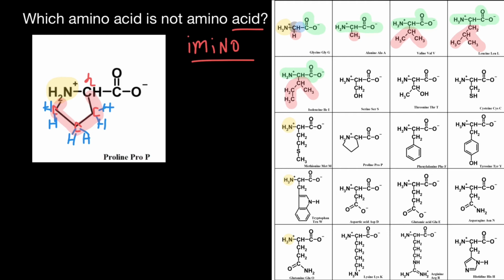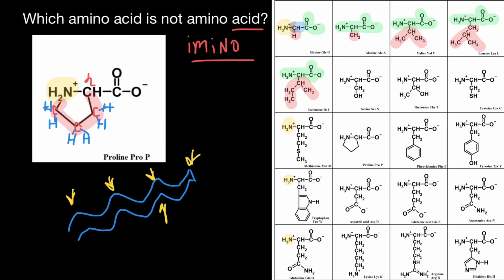This ring here makes this amino acid rigid, and we can find this amino acid in proteins when proteins make turns. For example, in beta sheets we can find it in such places, and we also can find much more of this amino acid in protein structure than you may think.